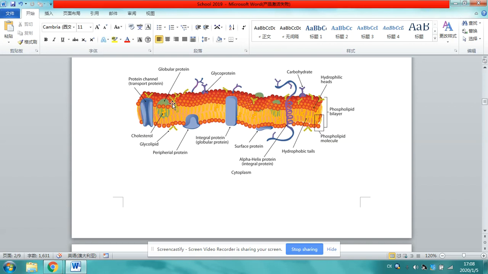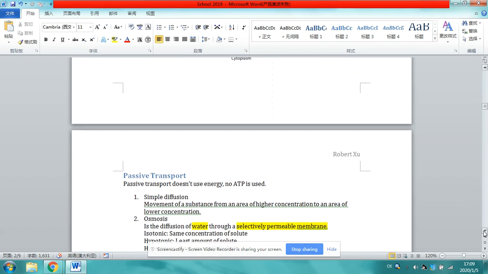And hopefully we'll get into this later. But now all you need to know is that a substance can travel through one of the channel proteins because it has a special size or special shape that makes it have to go through one of these. And this also doesn't use any ATP at all.